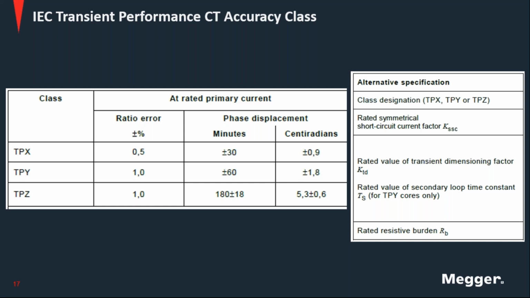And these are parameters that need to be calculated from the results and then compared to the characteristics of the CT. So when you test these types of CTs, you also need to calculate these values, or the software needs to calculate them. That's part of the assessment in these instrument transformers.